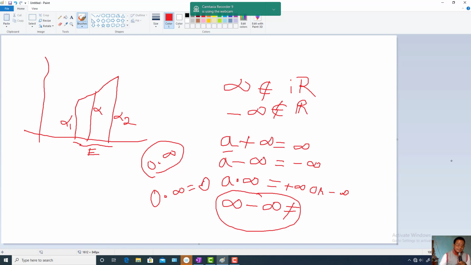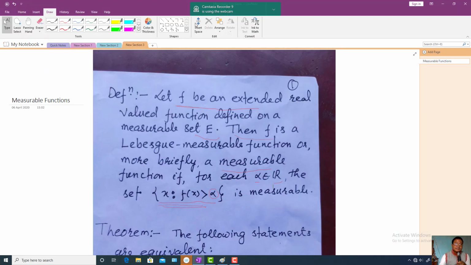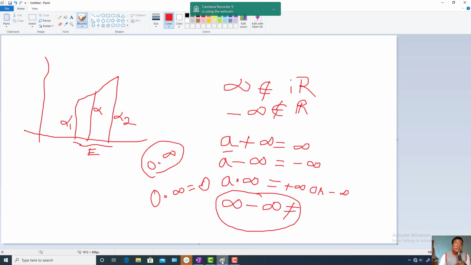Next let us use some other color. Blue. Then this set is what?